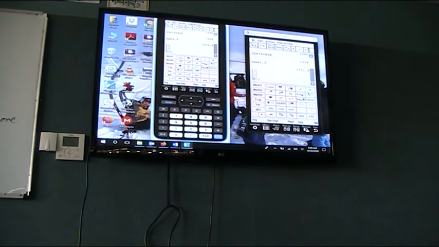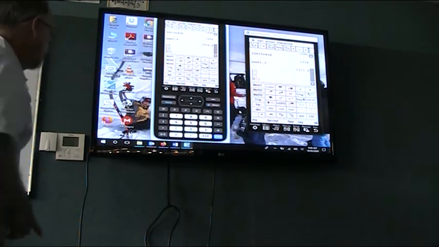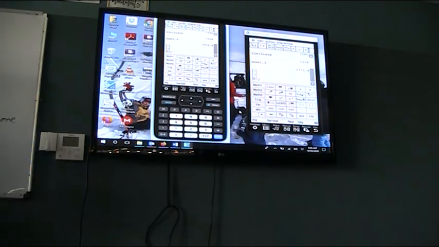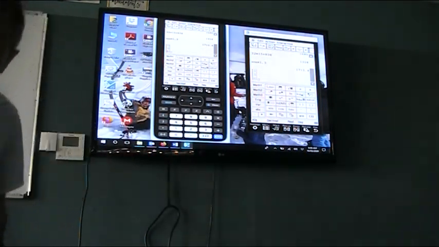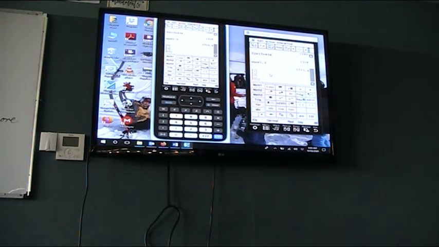So for this, when I enter it, I'm going to use x for a, y for b, and z for c, just because they're on the keypad here, easy to get to. Alright, so we've got 4 equals a plus b plus c, so 4 equals x plus y plus z.